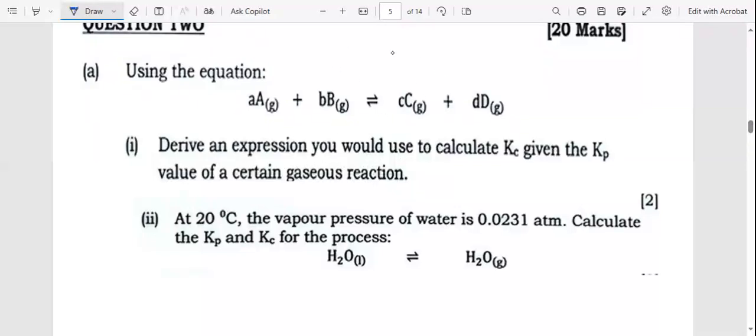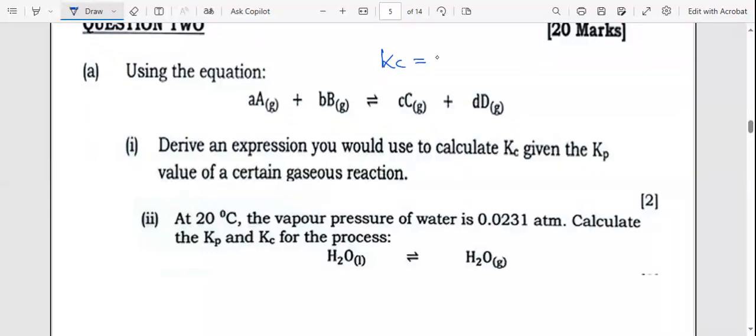So Kc will be given as the product concentration, this C means concentration, over the reactant concentration. The concentration in these brackets means concentration. So I'll put C, then you put the power, this balancing number, the mole ratio.